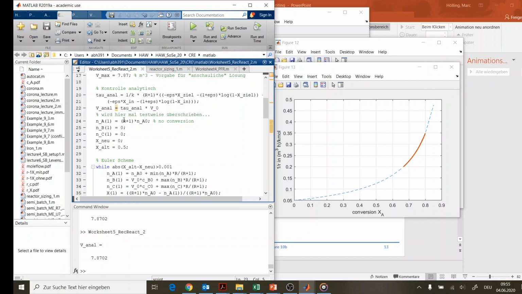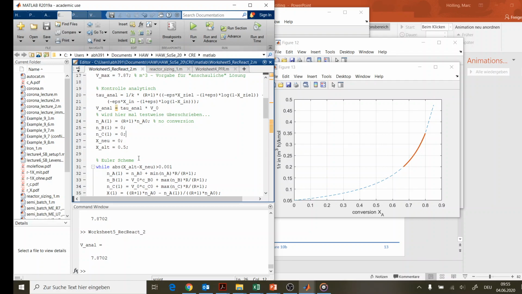I need some mole flows. If you think about it, you can say no conversion means that at the outlet of our reactor, if you have R plus 1 times the initial mole flow, then you have no conversion at all. And for the mole flow of B and C, I'm just saying it's 0.